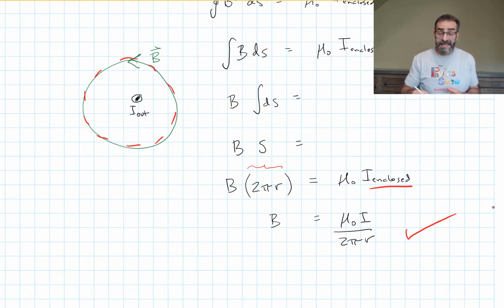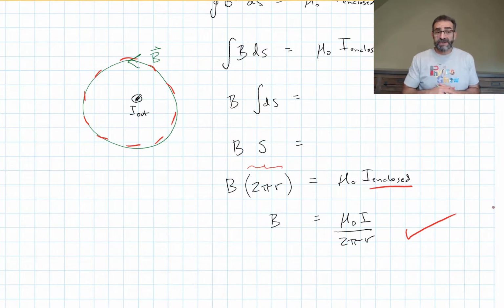There are other cases where it works very nicely also. Solenoids and toroids. We'll talk about those in a minute. Ampere's law does not work if this wire is not infinitely long. So the fact that it's infinitely long makes it acceptable to use Ampere's law. If it's not infinitely long, there are issues with the current density changing, and that means we have to use the Ampere-Maxwell Law.